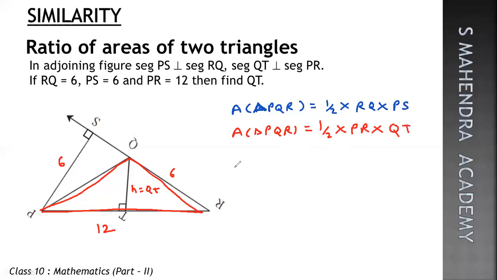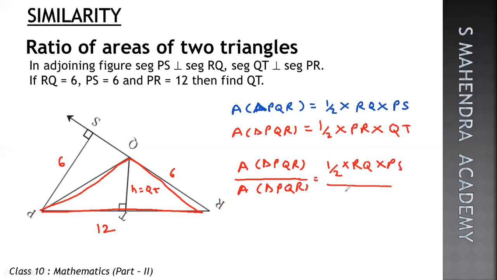So if you consider the ratio of the area of triangle PQR and again the same triangle from the second equation, it will be 1/2 RQ into PS, and here 1/2 PR into QT.